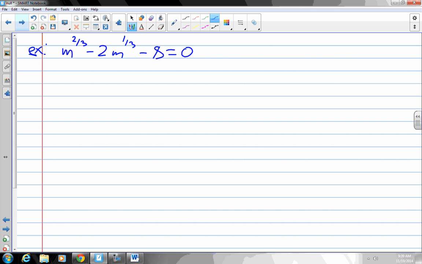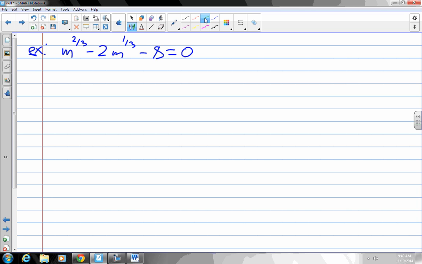So this equation involves cube roots. The 1/3 power is a cube root. And I have two different cube roots, right? This is a cube root, and that's a square of that cube root, right? The 2/3 means you're squaring the 1/3. So again, it has that quadratic pattern.